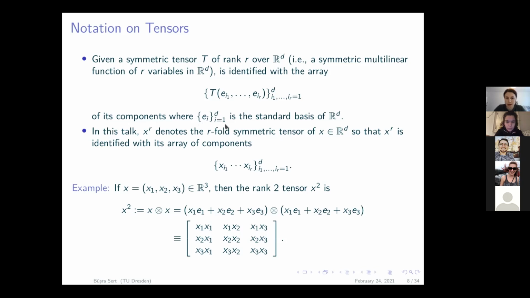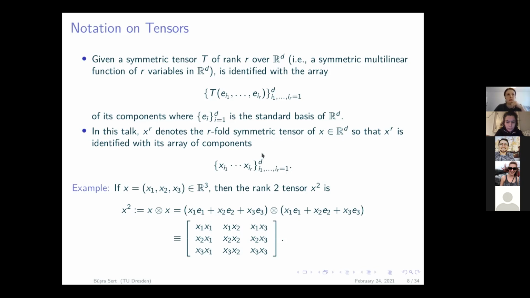And e_i here are the standard bases. In this talk, when we take the r-th power or tensor power of a symmetric tensor, its components can be identified by those x_ij's, so that i_j's range from 1 to d.